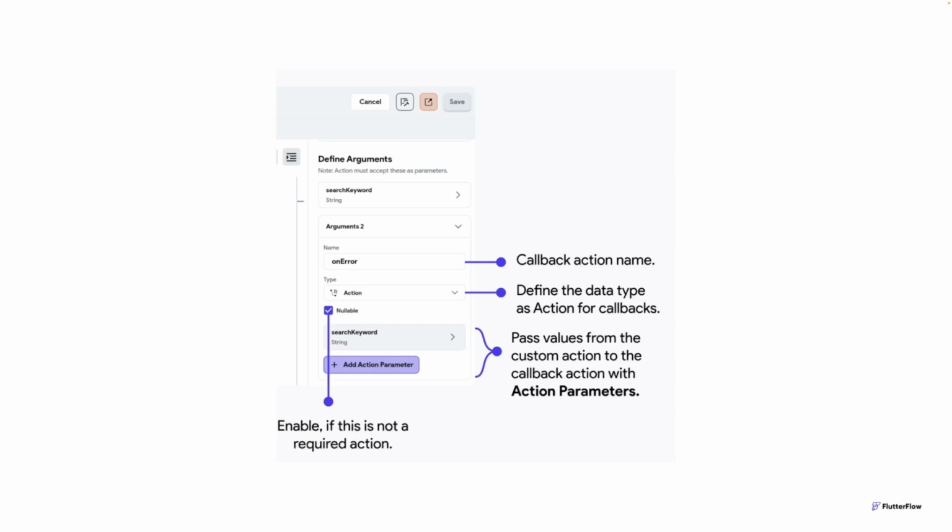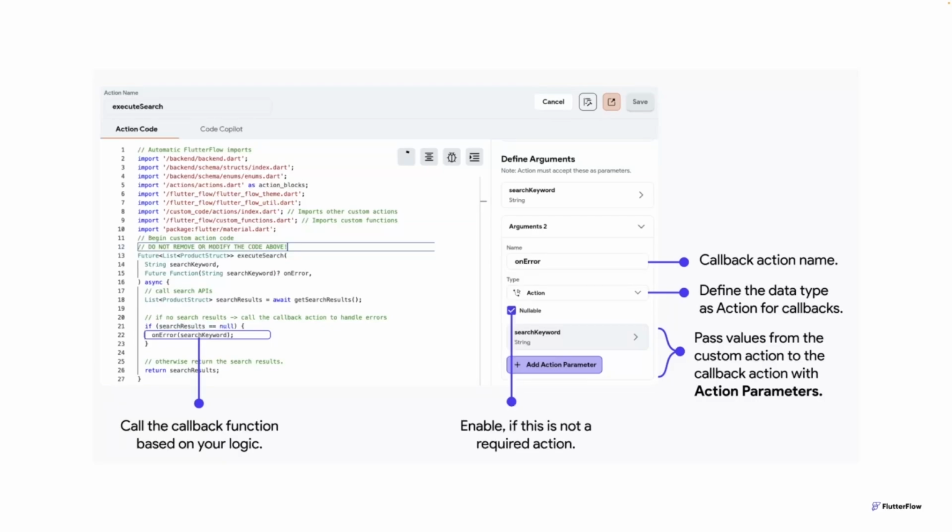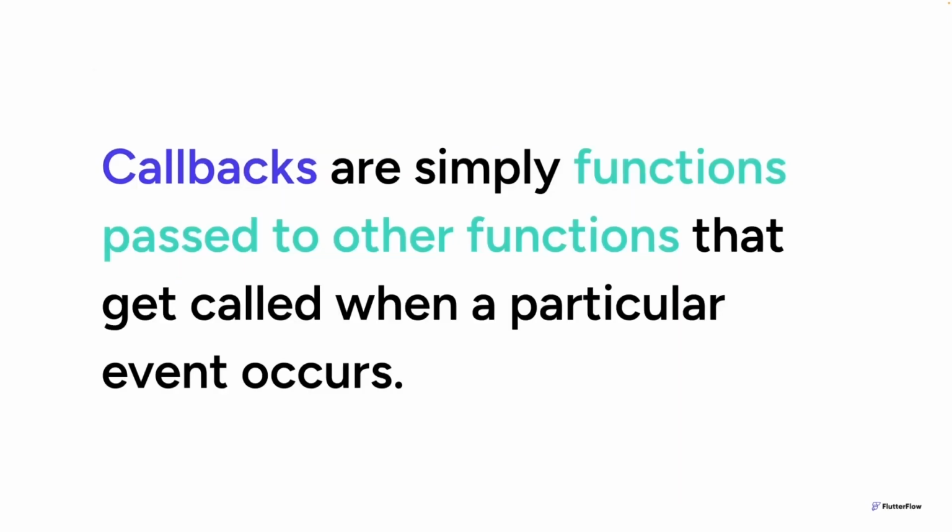Defining input arguments is similar to creating a custom function. First, in the UI builder, and then FlutterFlow will create a function signature. There is one extra argument for actions, and that is a callback action. But what is a callback? In programming, callbacks are simply functions passed to other functions that get called when a particular event occurs.